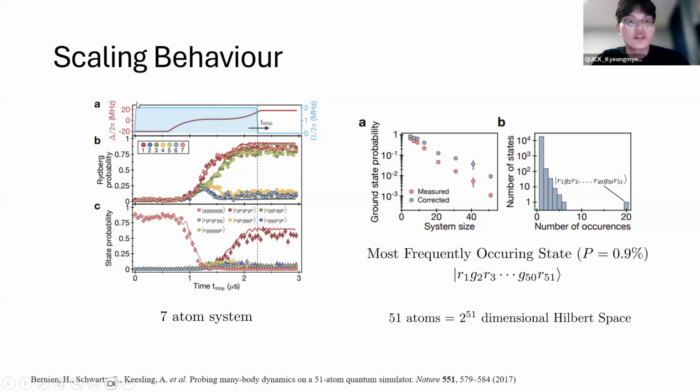So you turn on the Rydberg laser, which is represented in the blue graph, and then you slowly change the detuning term adiabatically in a timescale of a few microseconds, I think, across the critical point of phase transition. And the results are presented below.